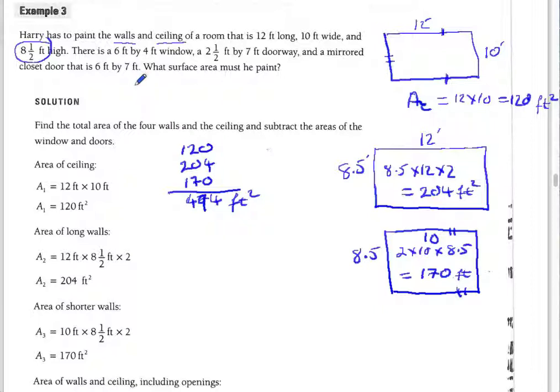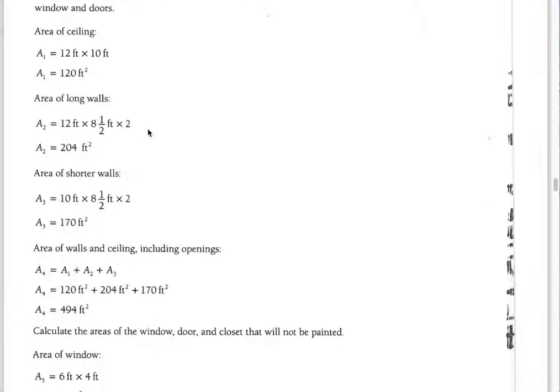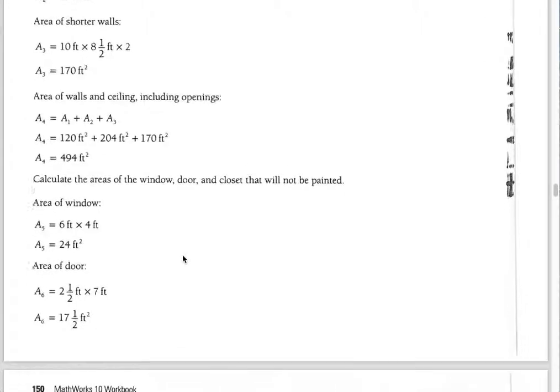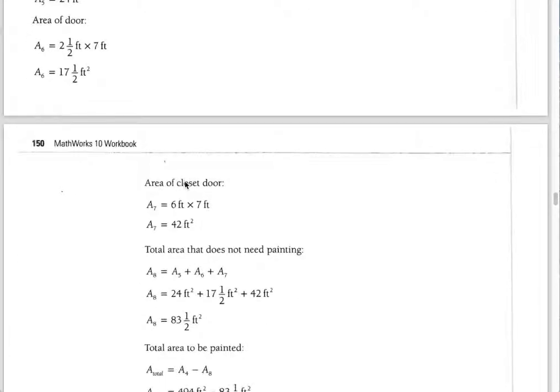Okay. So we'll have to multiply 6 times 4, and separately 2.5 by 7, and separately 6 times 7, and subtract that from the 494 that we have. Just going to clear this and we'll scroll down. So there's the 494. They've calculated the area of the window, the area of the door, and the area of the closet.